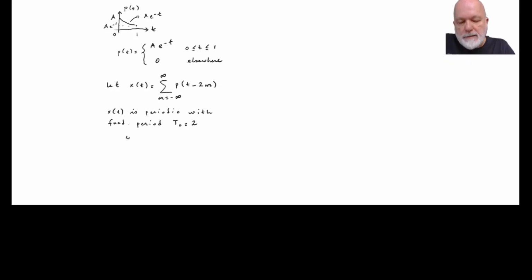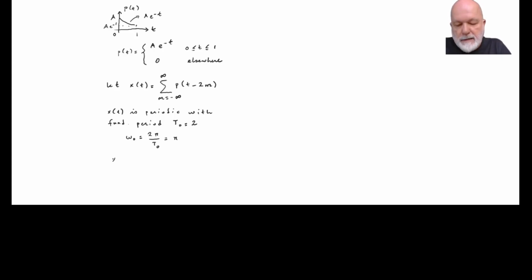Therefore, omega 0 is equal to 2 pi over T0, and it is equal to pi.